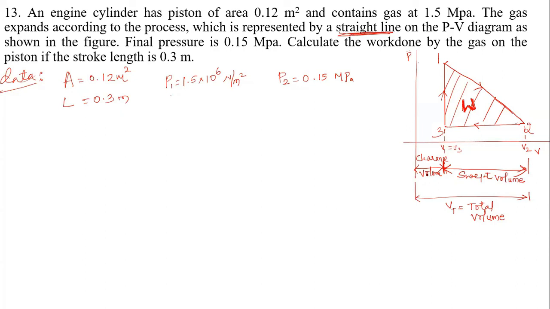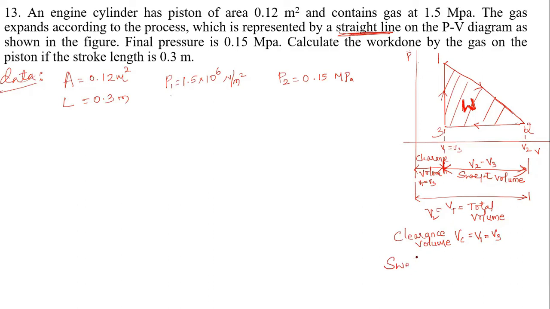Here to here. Therefore, what is the notation for clearance volume? It is V1 and V3 in this problem, and swept volume is V2 minus V3. Therefore, total volume is V2, from here to here. Now, clearance volume, that is Vc, which in this problem is nearest to the y-axis, that is V1 is equal to V3.